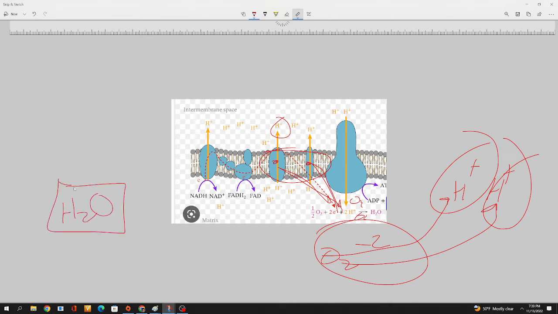That is where water is made in this entire process, okay? So the oxygen takes in the electrons, hits H plus protons that are coming back from the ATP synthase, and it forms water, and ATP is made as well, okay?